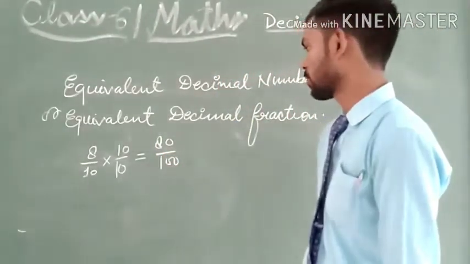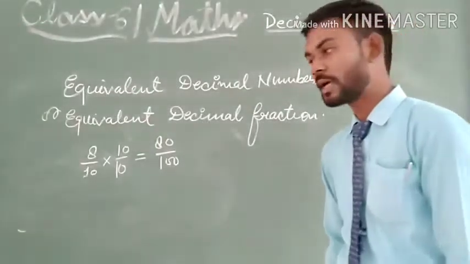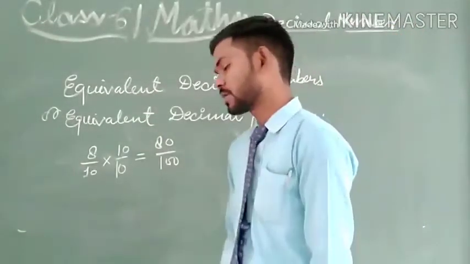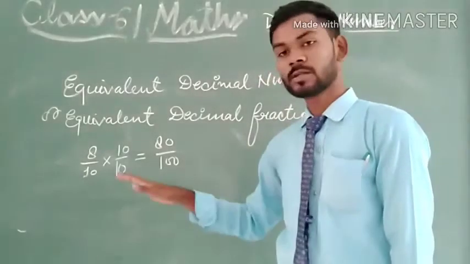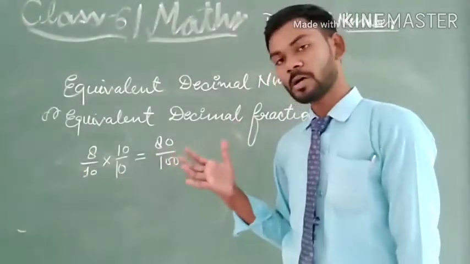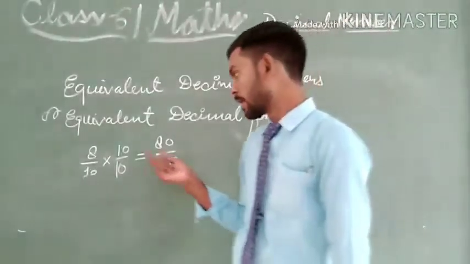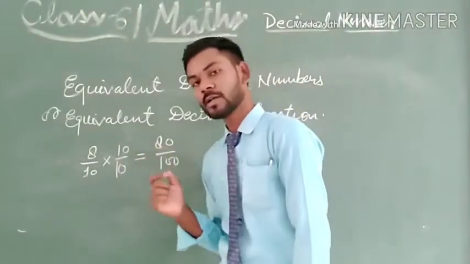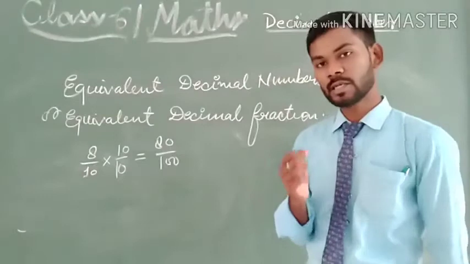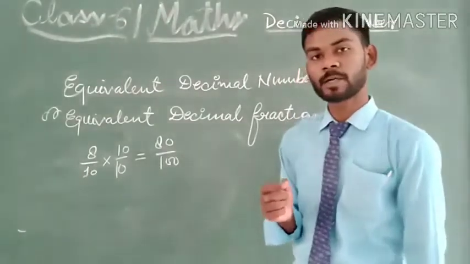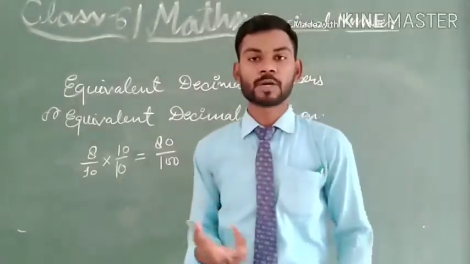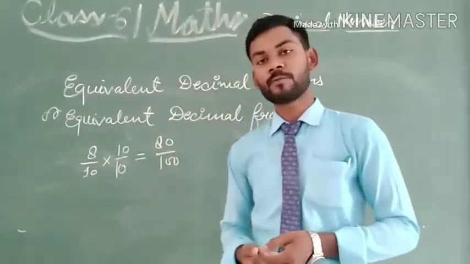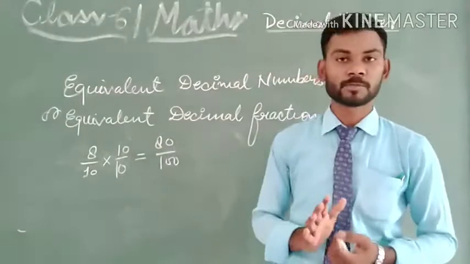Since we are discussing decimal fractions, we cannot change the denominator; it must remain a multiple of 10. Therefore we multiply by 10, since whenever we multiply 10 or a multiple of 10 by a number, we always get a multiple of 10.